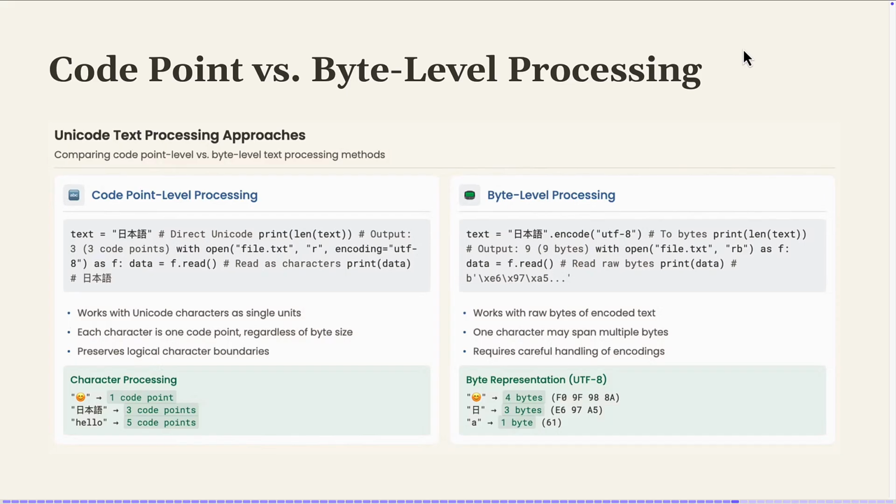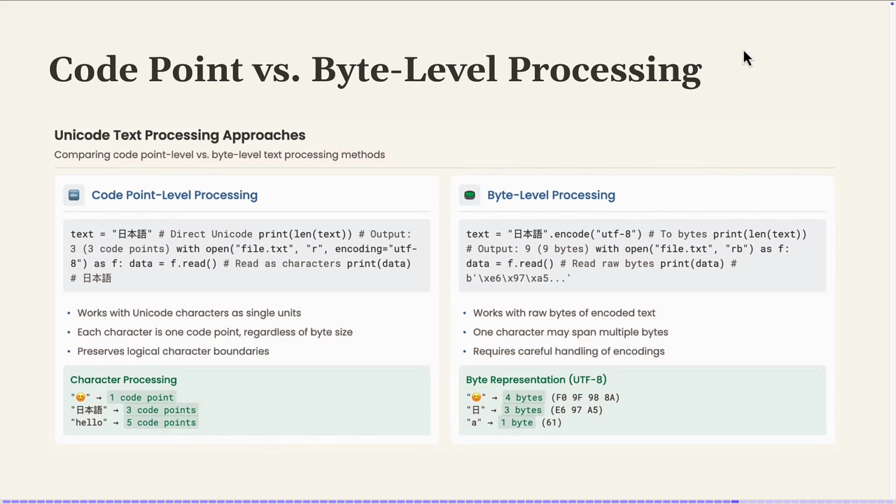So the way the characters are represented is different in SentencePiece. Instead of using byte level, it will use code point level. Okay, it works with Unicode characters as single units, even if they are encoded into several bytes.